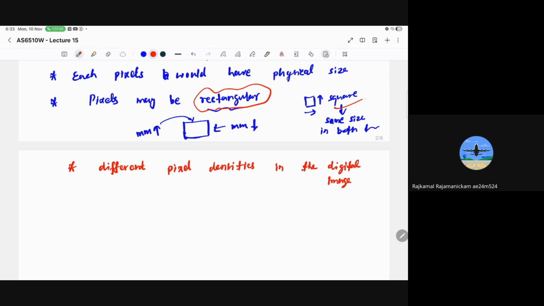Most of the time it is square, but if the physical shape of a particular pixel is rectangular, then it is going to have different pixel densities in the digital image in both the xs and ys directions. Okay.